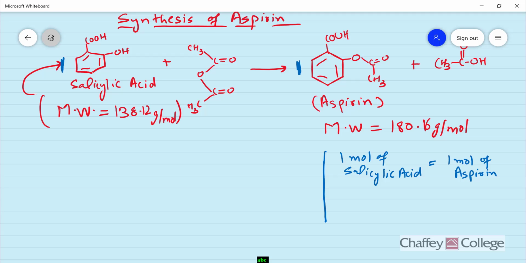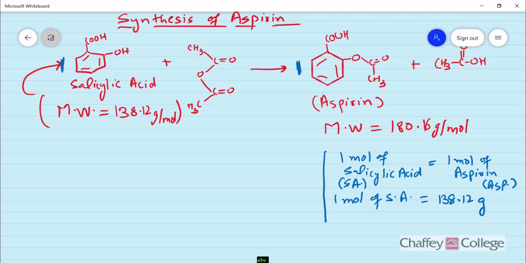Also, from the molecular weight, we can say that 1 mole of, from now on I'll call salicylic acid SA and I'll call aspirin ASP, 1 mole of salicylic acid is equal to 138.12 grams.